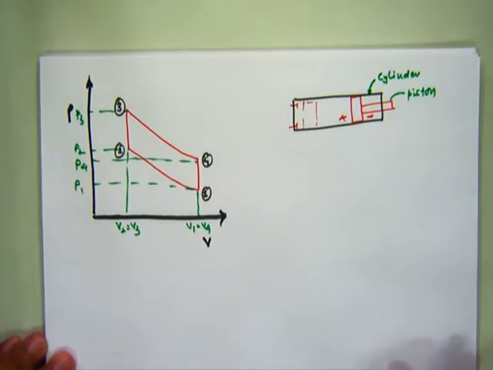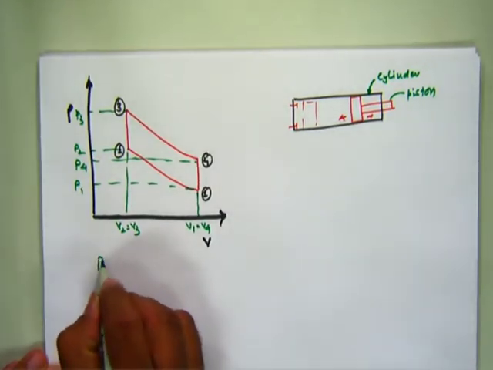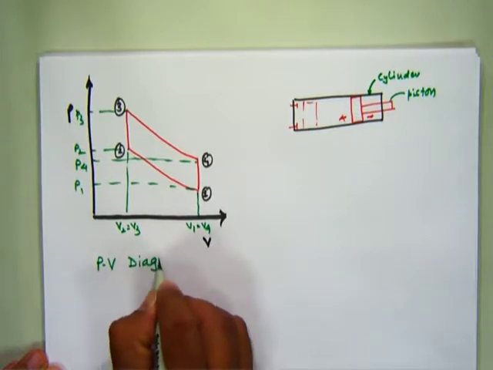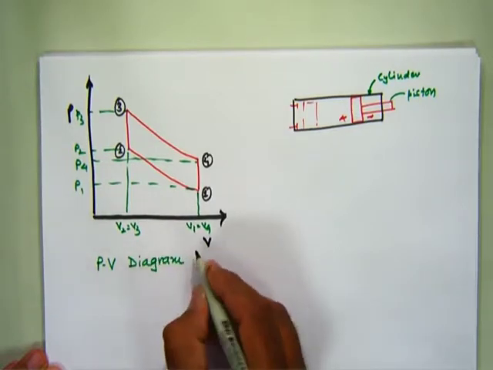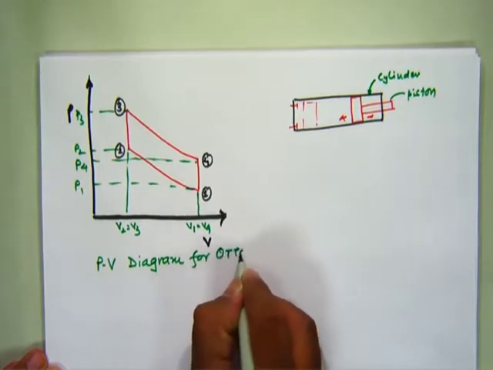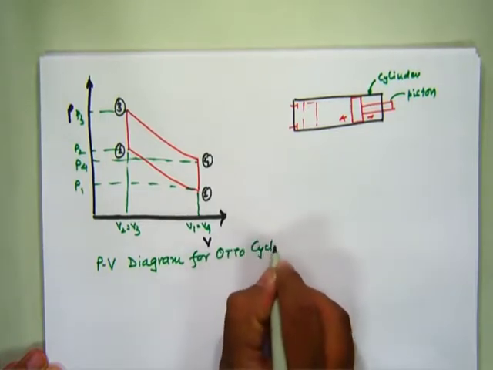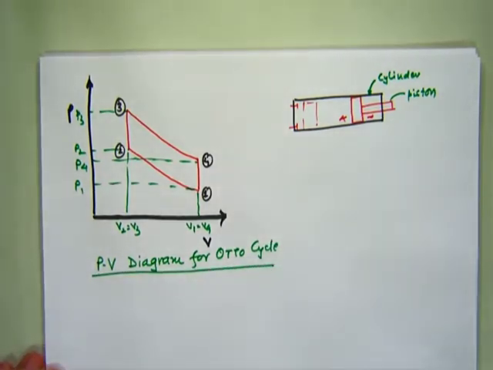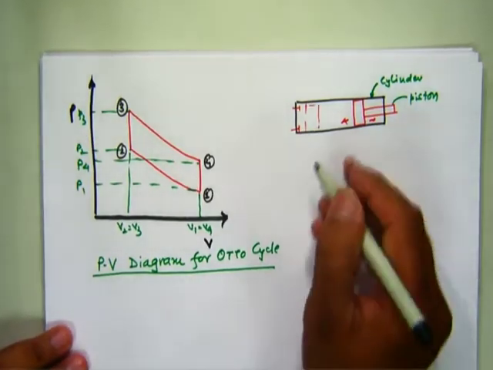So this is the PV diagram for Otto cycle. Let us see the analysis, what happens.